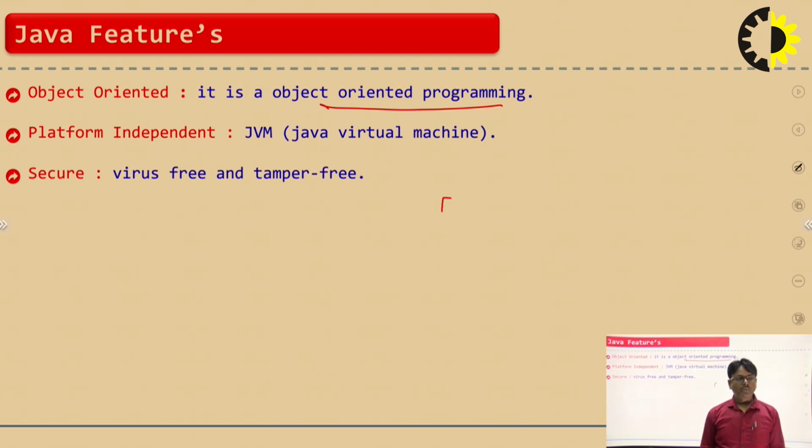Why is it called virus-free or tamper-free? Because the source code is written in a high-level language under the observation of a programmer, and it is built into a portable form, that is, it can be transferred to any other system.